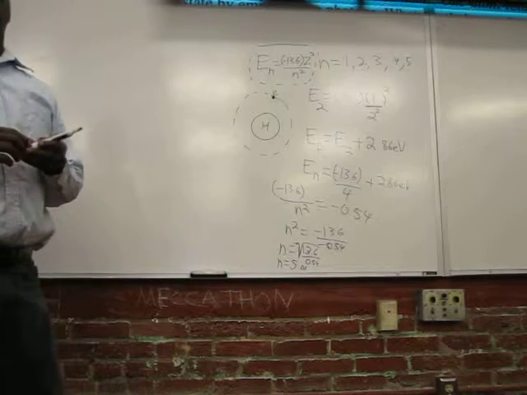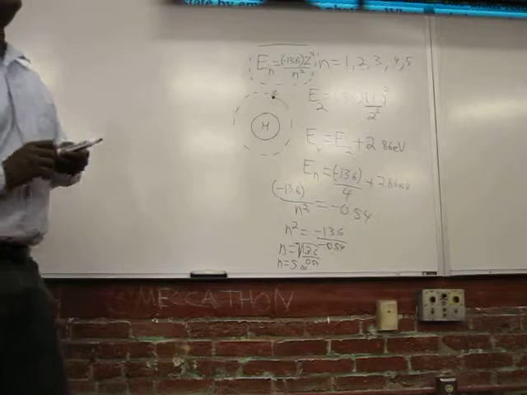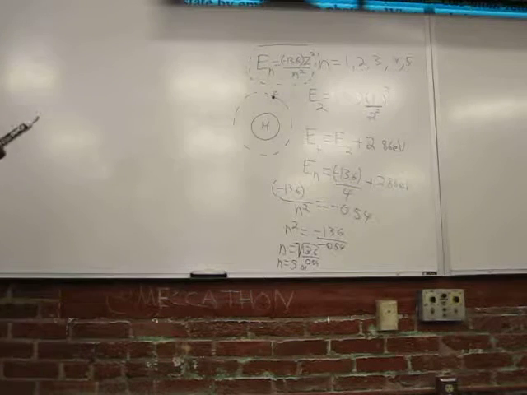For example, if you were to do a problem like number 11, what does 11 say? Find the energy in joules of a photon that is emitted when an electron in a hydrogen atom undergoes a transition from 7 to produce a line in the Paschen series. Those are the lower energy levels, right? Yeah, the Paschen is the longer wavelength, so lower energy.